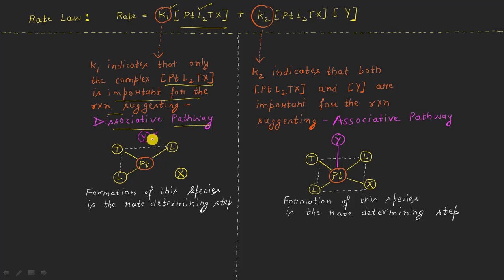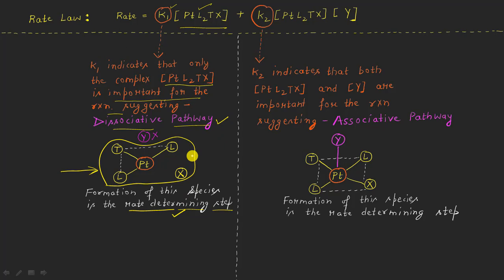K1 indicates that only the concentration of this complex is important, and the formation of this three-coordinated state is important because it is the rate determining step, in which X completely dissociates from the rest of the molecule, indicating a dissociative kind of pathway.